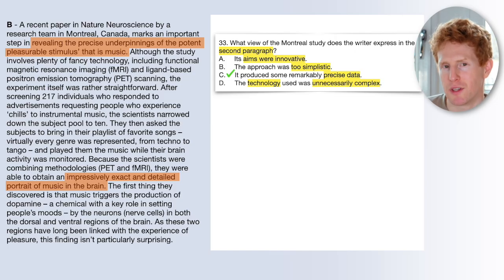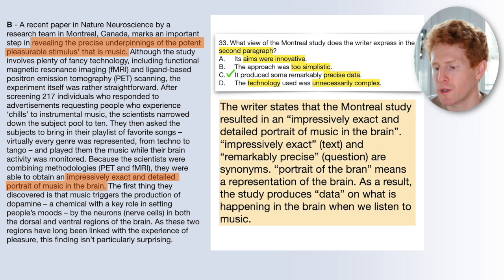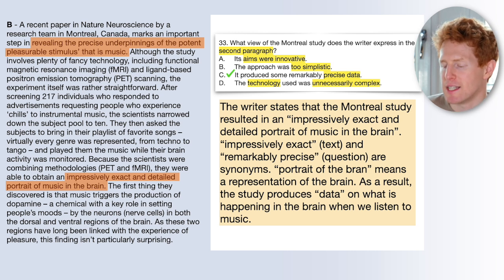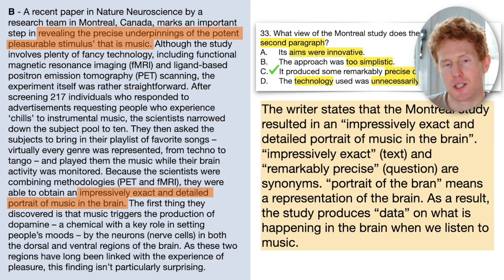Now, how do we know that this is the correct answer? It's difficult to say. The writer states that the Montreal study resulted in an impressively exact and detailed portrait of music in the brain. So impressively exact, which is in the text, and remarkably precise, which is in the question, are synonym phrases.